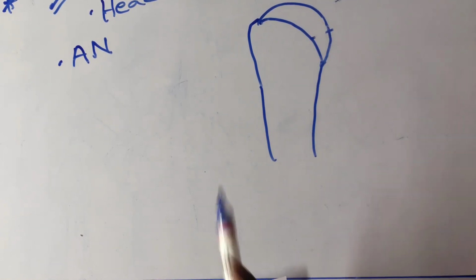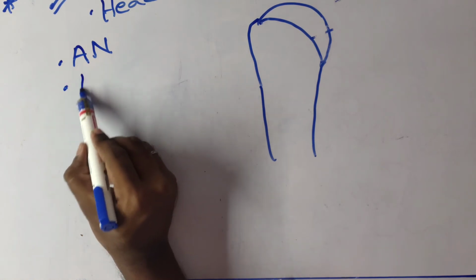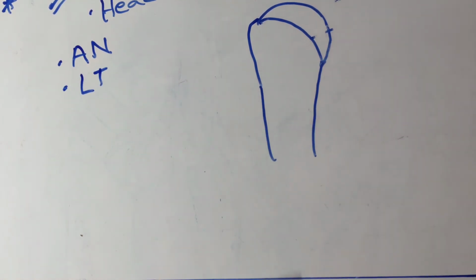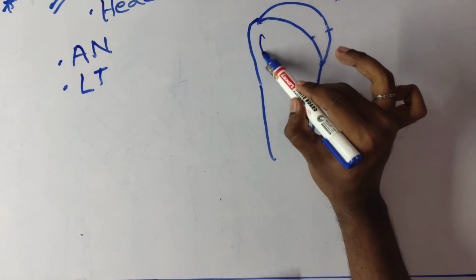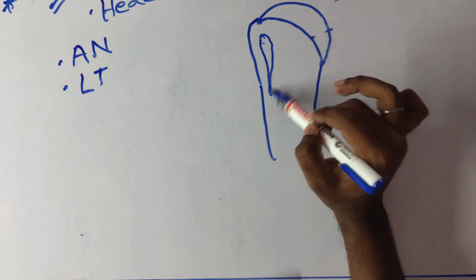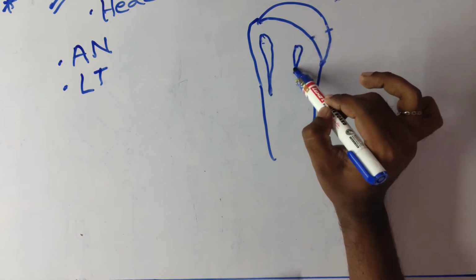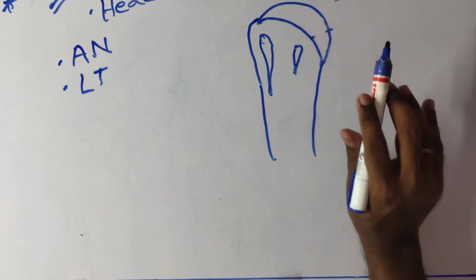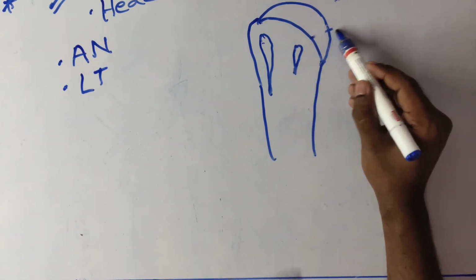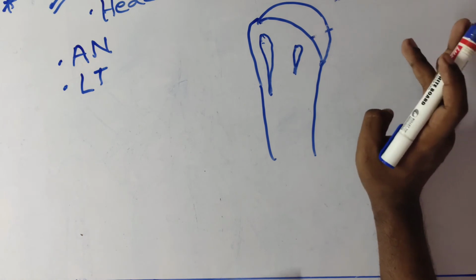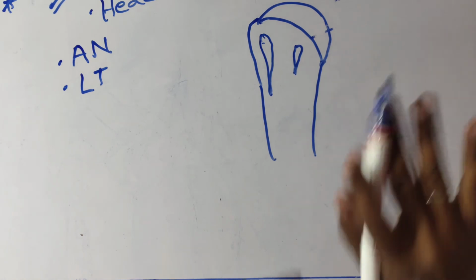Next point is lesser tubercle. Draw the same diagram. This is greater tubercle and this is lesser tubercle. For head, the only small point is that it articulates with the glenoid cavity of scapula to form shoulder joint. That is enough.